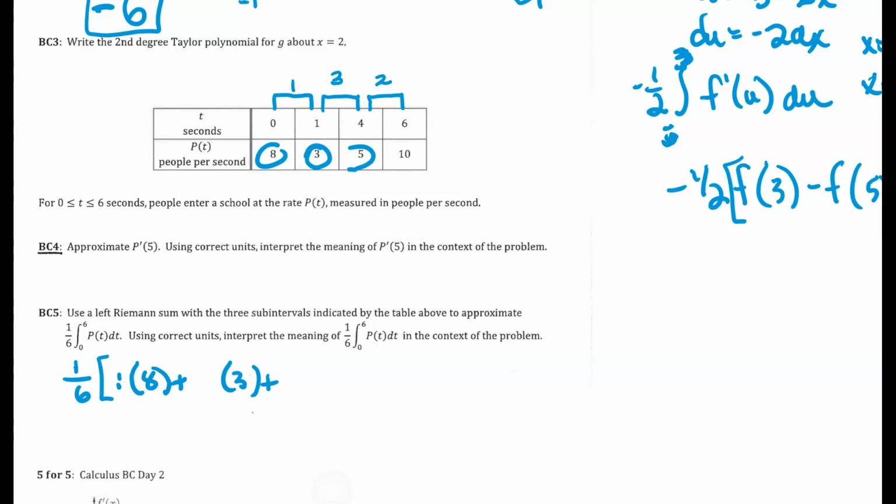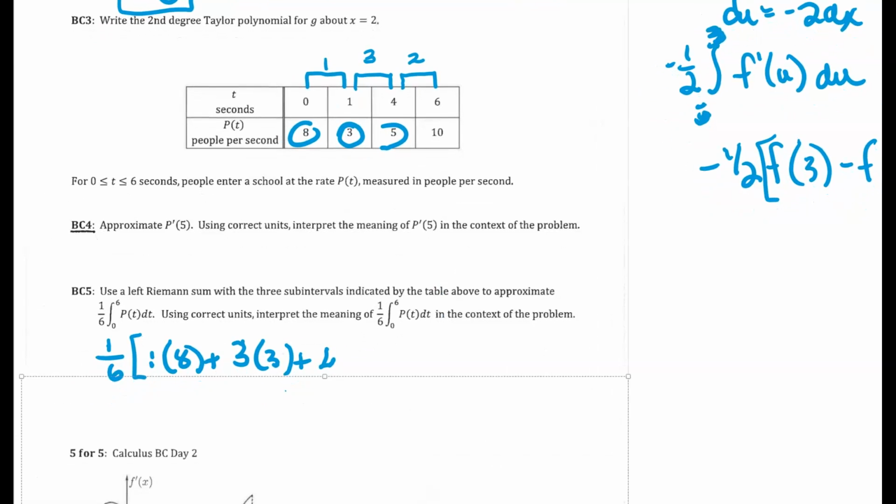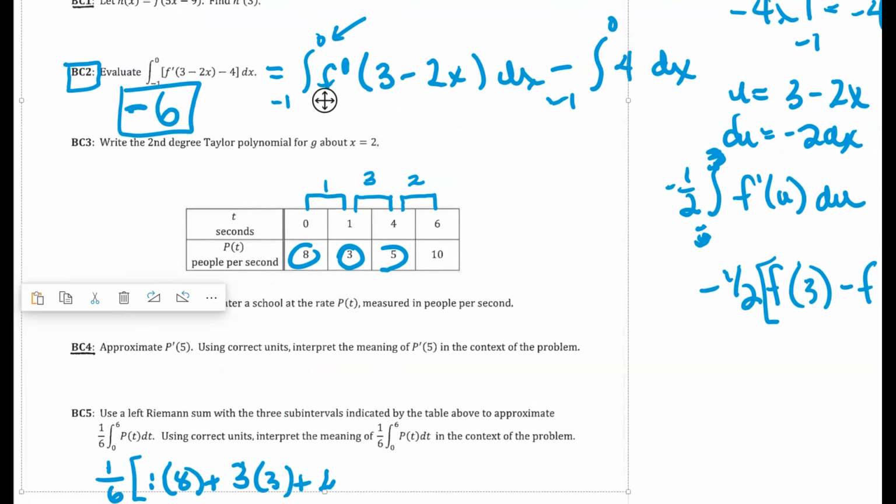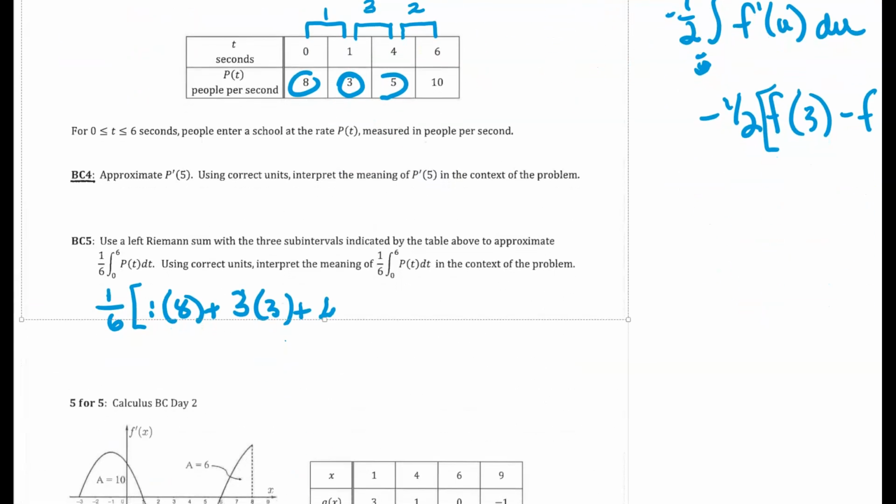I can't read my own writing. And 2 times 5. And we'll just leave that for now since the pen's working minimally.